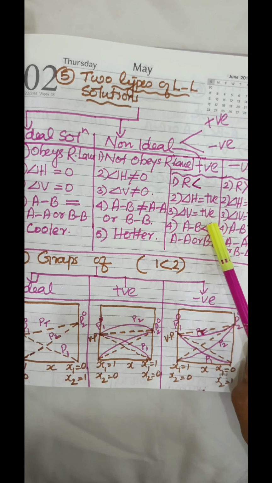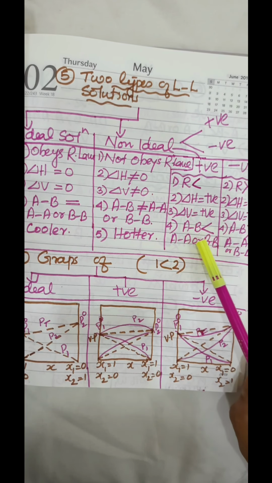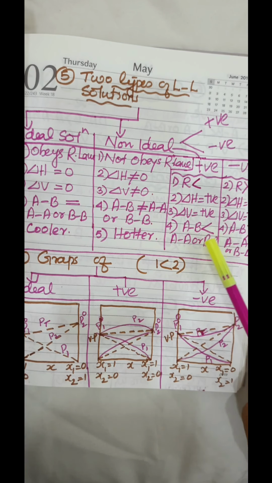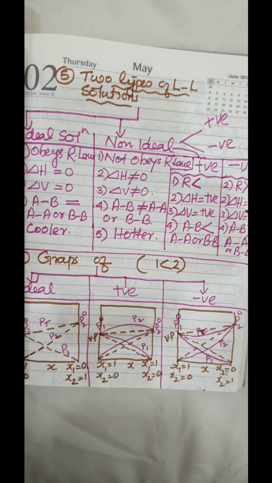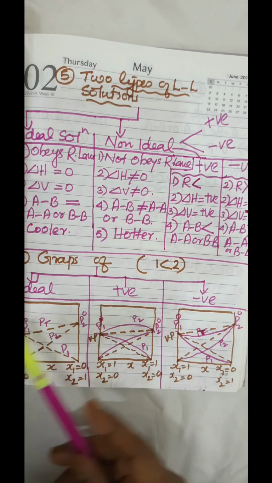Delta V is positive, greater than 0. And AB interaction is less than AA or BB interaction. Next, negative deviation: here the pressure is less than the pressure expected from Raoult's law. Delta H and delta V are negative, less than 0. And AB interaction is greater than AA or BB interaction.